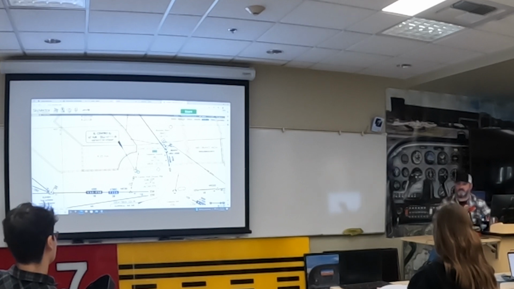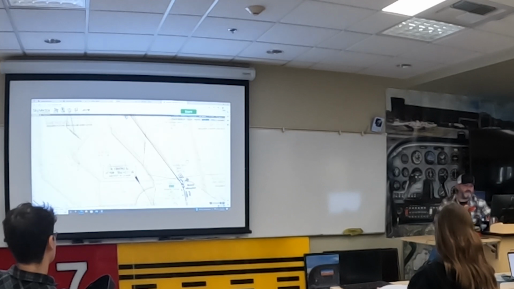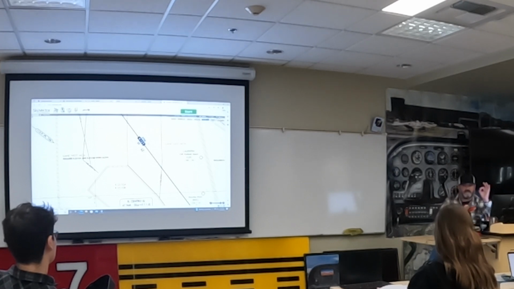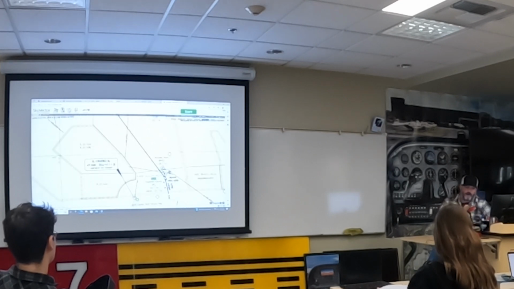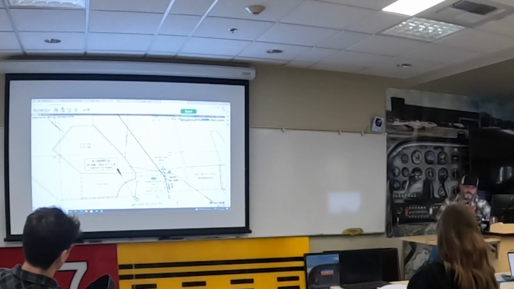Note that at the MEA, 3,700 feet, we're guaranteed navigation, we're guaranteed obstruction clearance, but in order to positively identify Brawl intersection, MRA, minimum reception altitude, you need to be at 4,500.